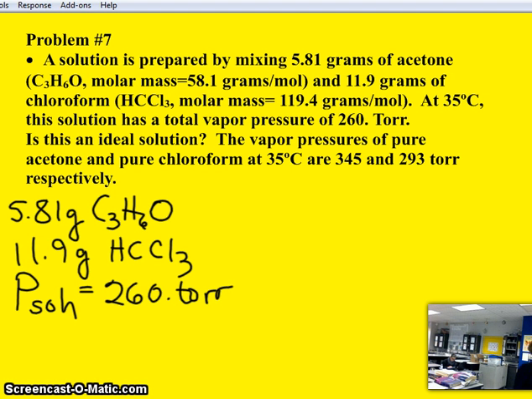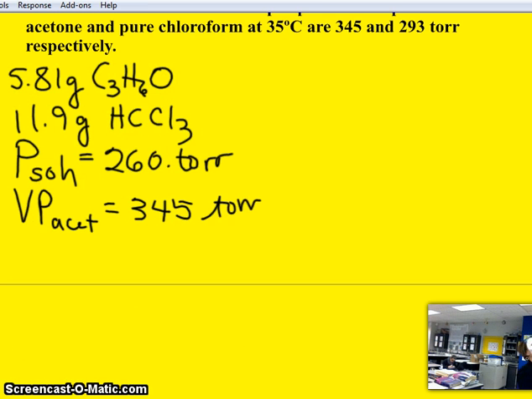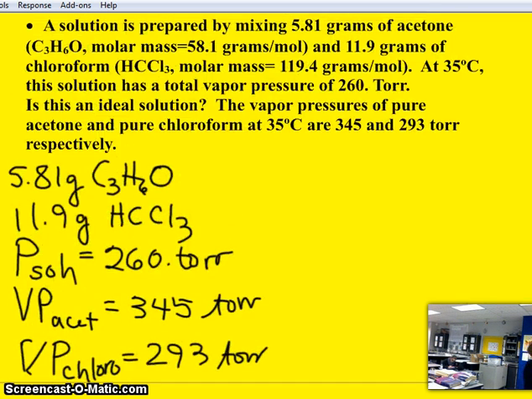Is this ideal? The vapor pressure of pure acetone is 345, and the vapor pressure of pure chloroform is 293. Okay, so let's calculate what the pressure should be of the solution.